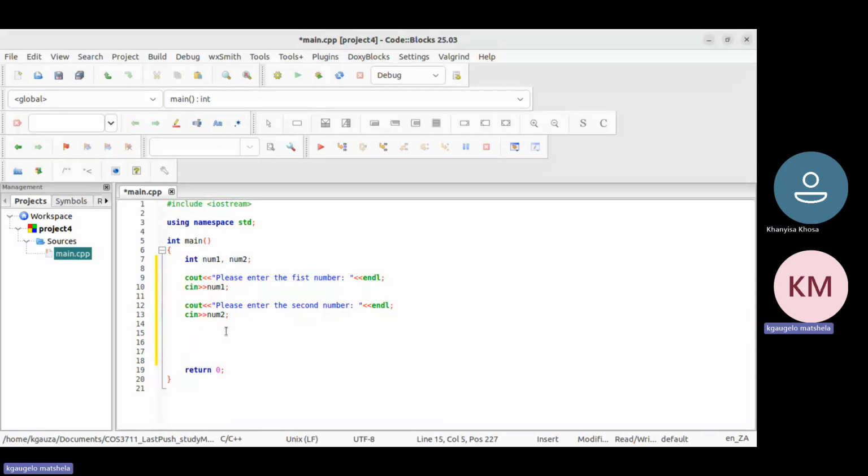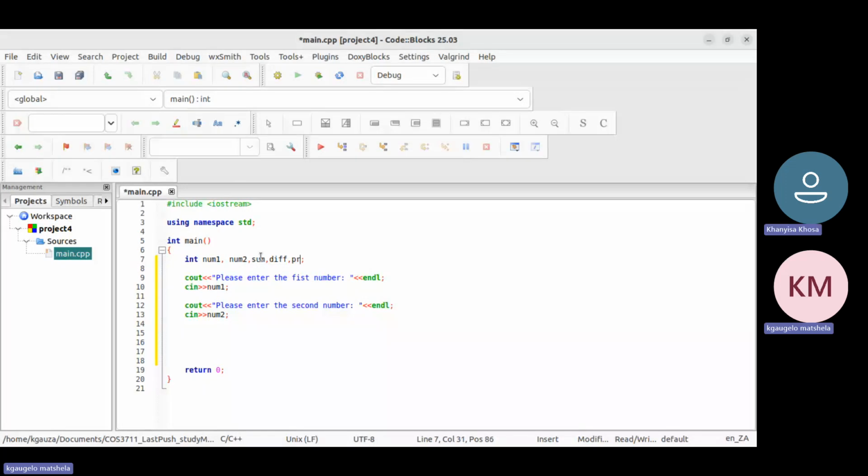Now, since we're going to need the sum, the difference, the product, the quotient, and the remainder, I can put them there. The sum is the one that stands for the addition. The difference is the one for the subtraction.